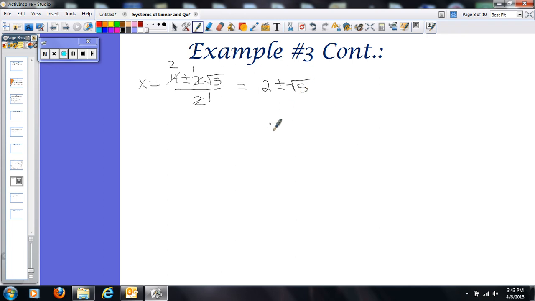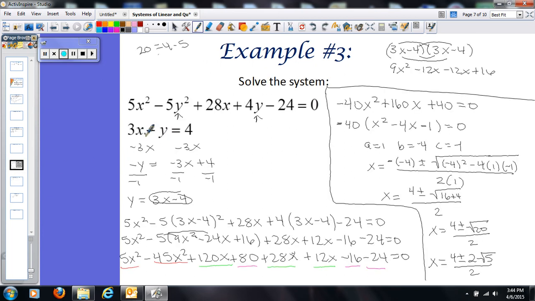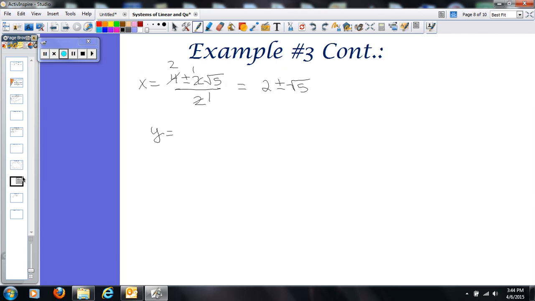Now you're going to take this and plug it in for x. And we had 3x minus y equals 4. So 3 times x, minus y, equals 4.